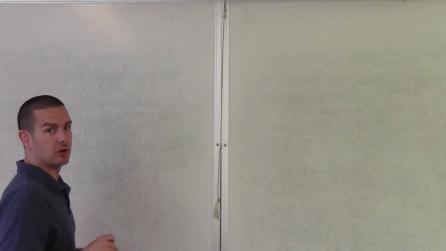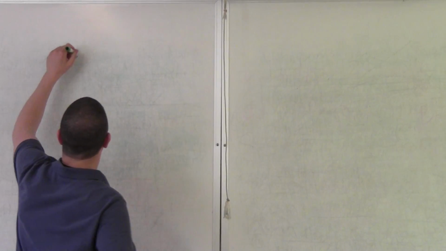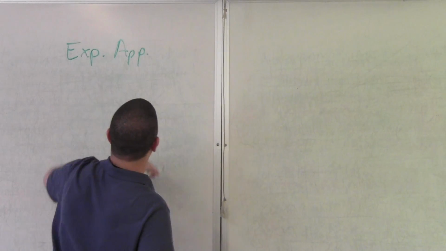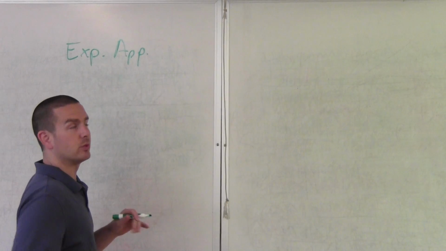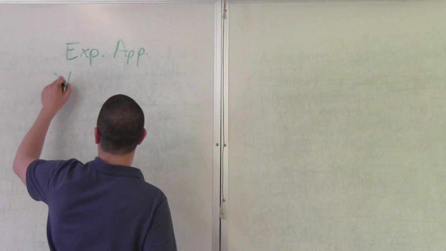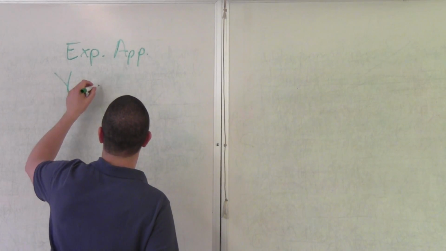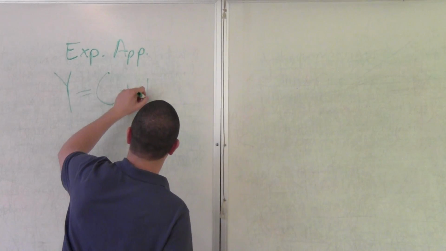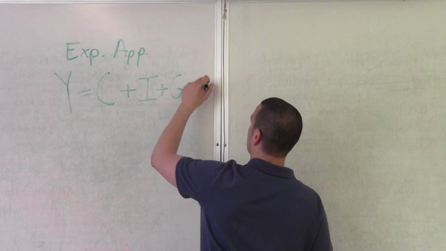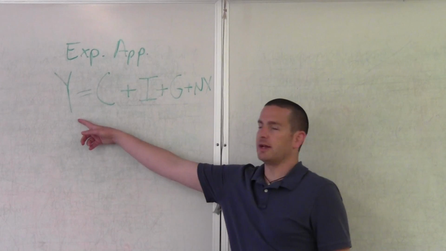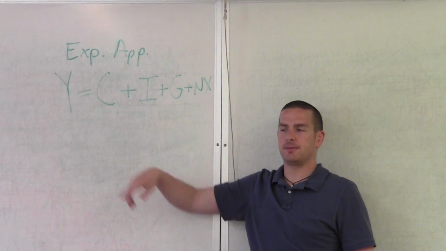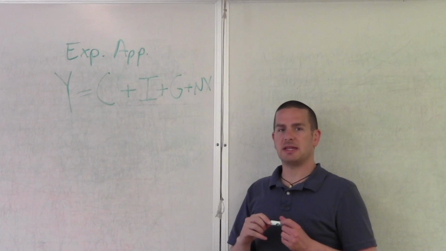The expenditure approach is this equation, which we're going to see later, but I just want to write it on the board for you now. Y, or income, GDP.